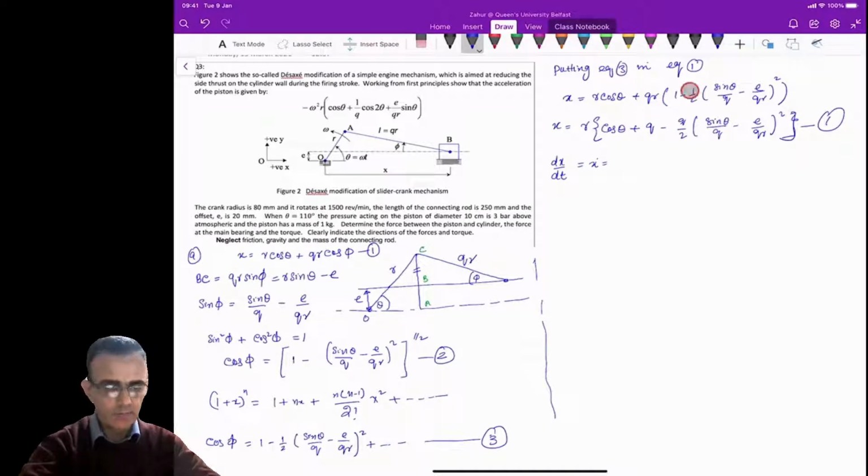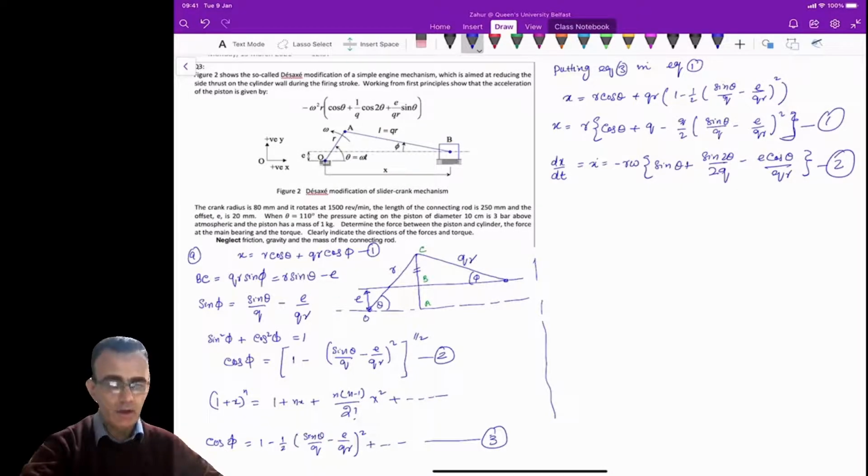So if you differentiate this equation with respect to time, you will get minus r omega, which is theta dot, and so I will just write the final equation: sine theta plus sine 2 theta divided by 2q minus e cos theta divided by qr. You get this equation for the velocity.